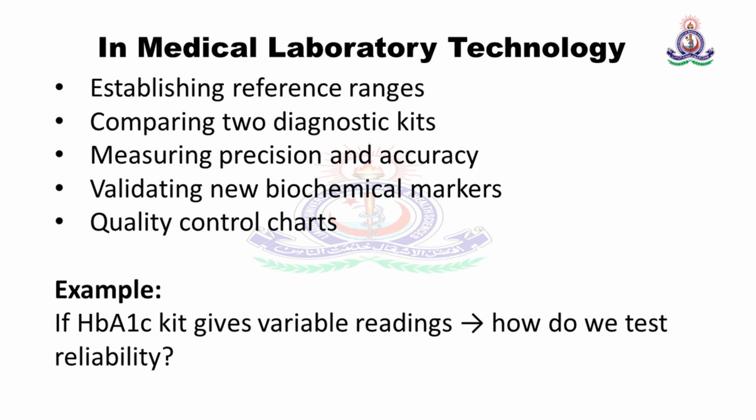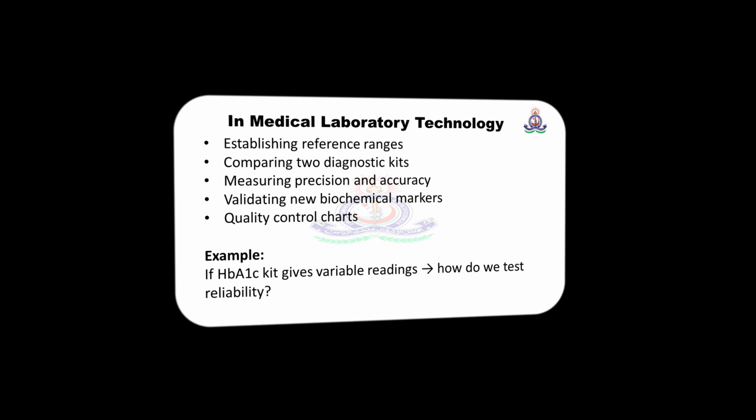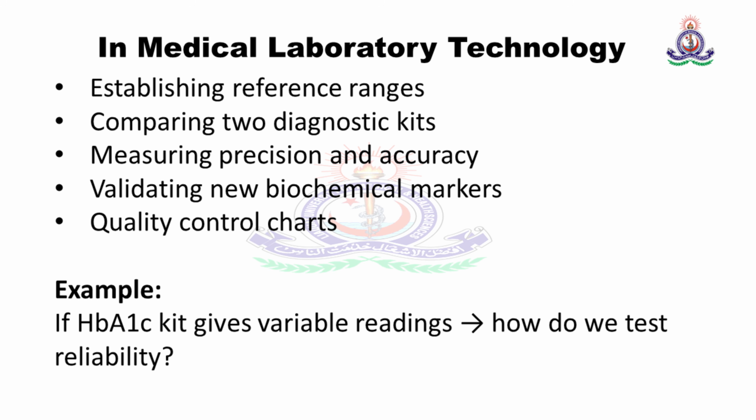For example, if an HbA1c kit gives variable readings, how do we test reliability? We use statistics. For example, coefficient of variation, standard deviation, maybe a repeatability test. Without stats, you don't know if the kit is good or garbage.